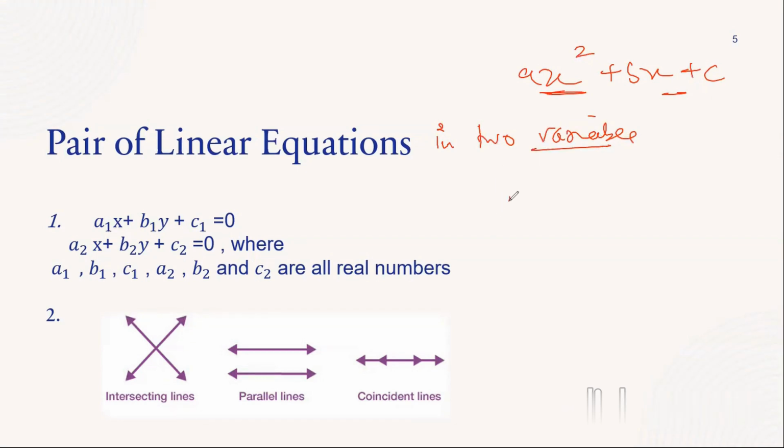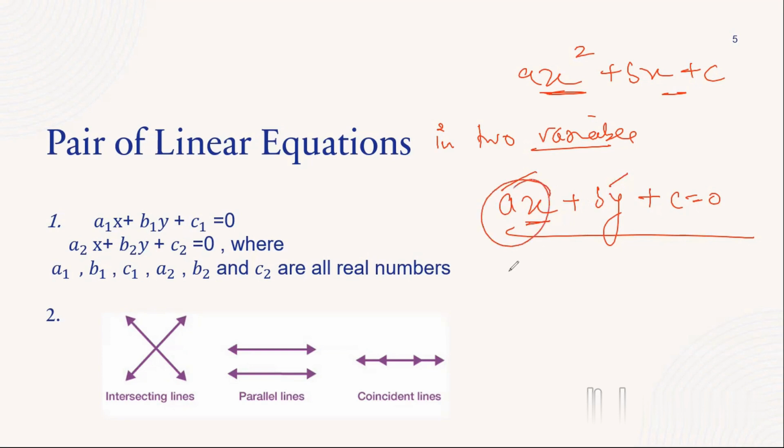So the linear equation means the highest degree is 1. If you are using only degree 1, it means one time you have used this variable, another time you have to use the second one, and a constant should be there. So A and B can't be 0, C can be 0. Constant can be 0, but A or B you can't make 0. Why? Because if you make A as 0, this term will become 0, because A and x are in multiplication.